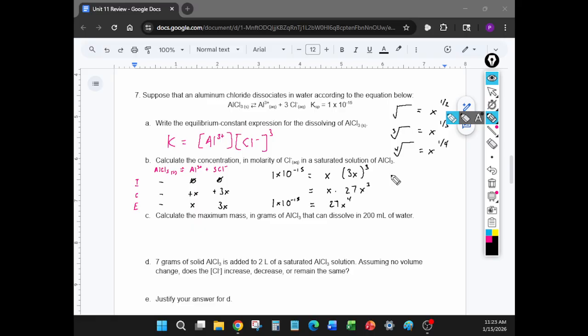I mean, you could do it the other way, but then you would have to take the 1/4 power of the 27 as well. But you're going to do 1 times 10 to the negative 15 divided by 27 first. Sorry about that, guys. Okay, and that will get me, you guys can check my math, 3.7 times 10 to the negative 17.